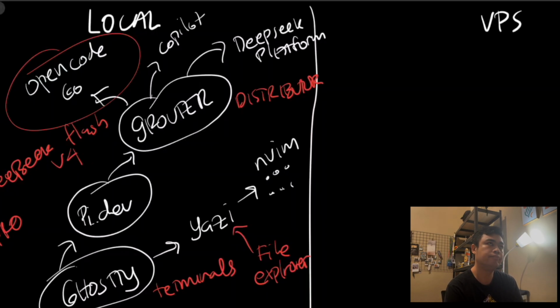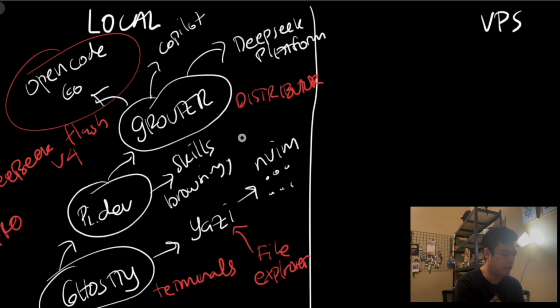What else? Oh yeah, on pi.dev itself, it has some skills, such as browsing, and then Exa is the tool for getting information from the internet, from the search engine.